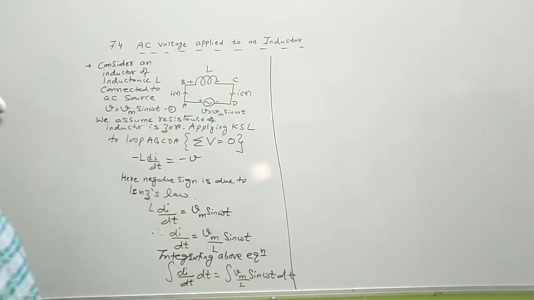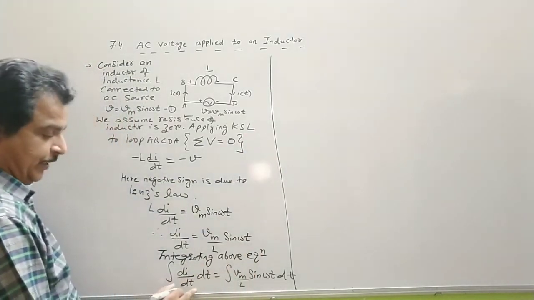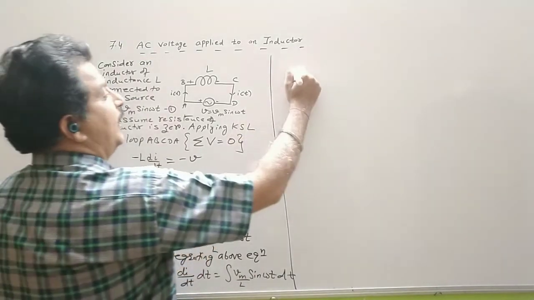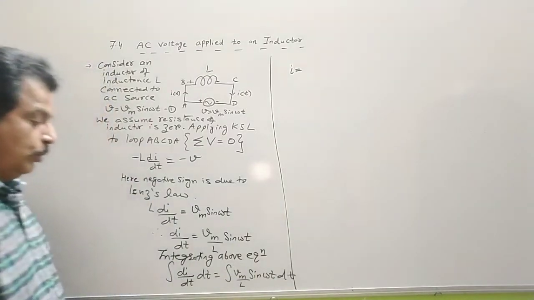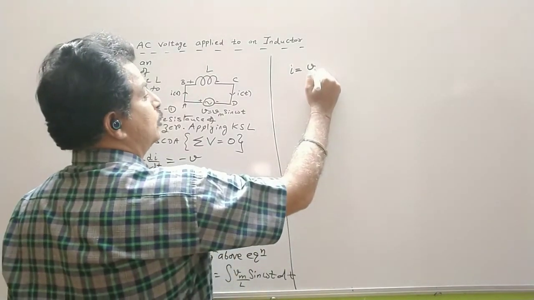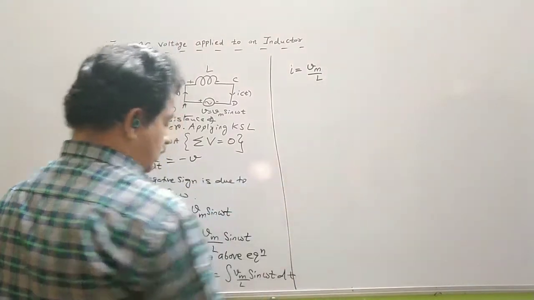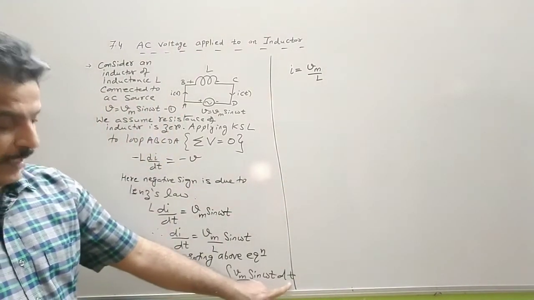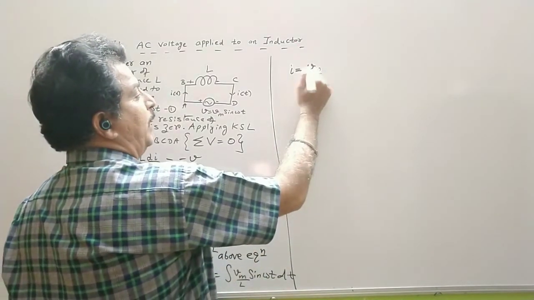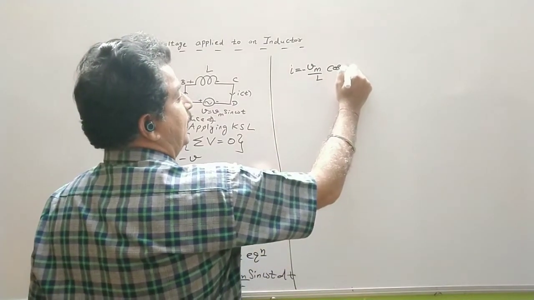So the integration of di upon dt into dt, so you can say dt is cancelled like this, and integration of di is I, equal to Vm upon L, that is constant. So Vm upon L. Integration of sine omega t dt, integration of sine omega t is minus cos omega t.